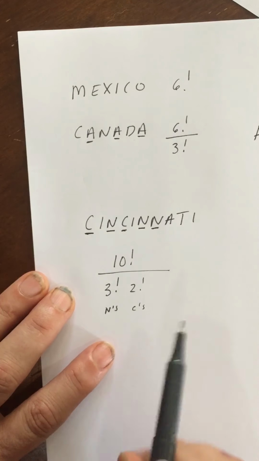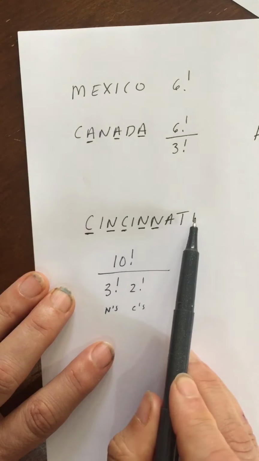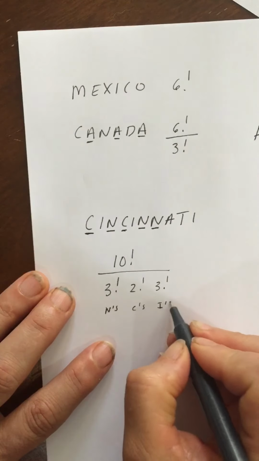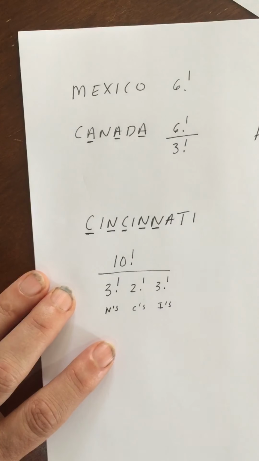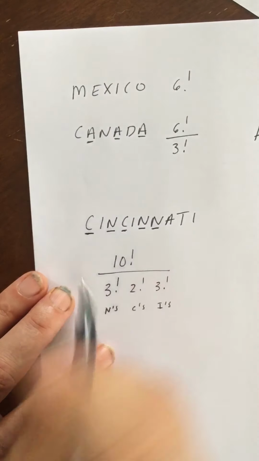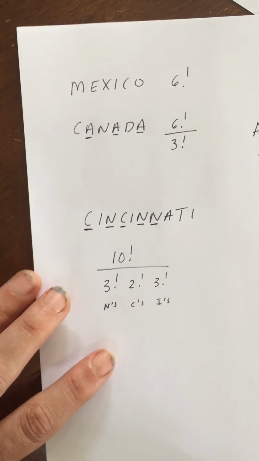And then the I's, there's 1, 2, 3 I's. So I would again divide out those rearrangements of the I's. So there's actually only this many ways to arrange the letters in Cincinnati. Obviously, you could work through that yourself and see what that answer is.